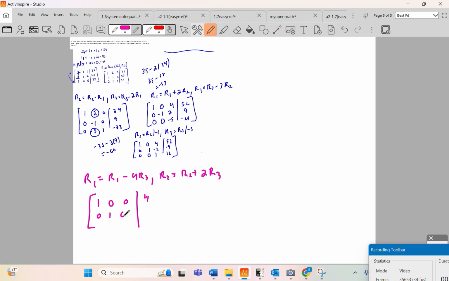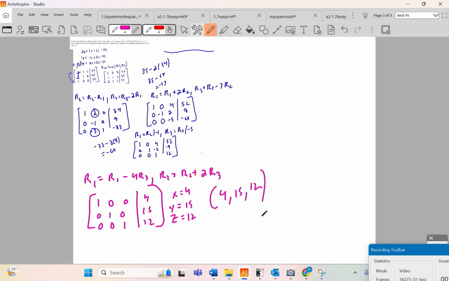Negative 2 plus 2 1s is 0. Negative 9 plus 2 12s is 15. And then 0, 0, 1, 12. So x is 4, y is 15, z is 12. Ordered triple 4, 15, and 12.